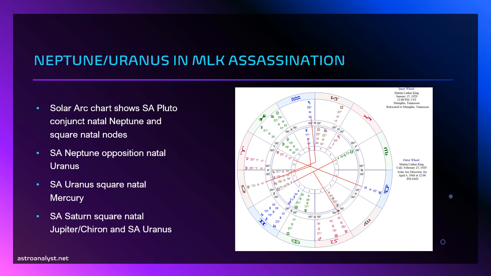Then we have his solar arc Saturn. Where are you, Saturn? Up here. And that is in square to his natal Chiron. So you get 5 Aquarius down to natal Chiron, which is 5 Taurus. And Chiron is known as the wounded healer.